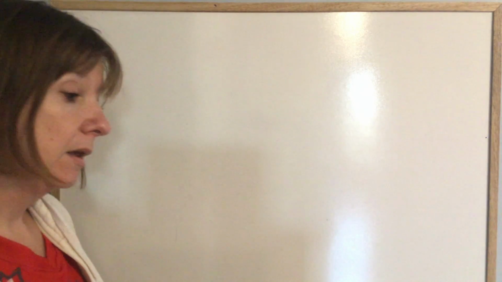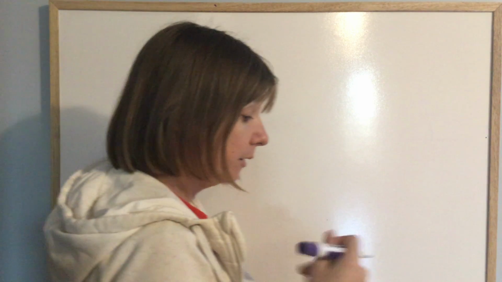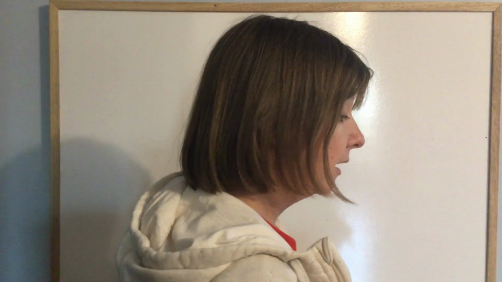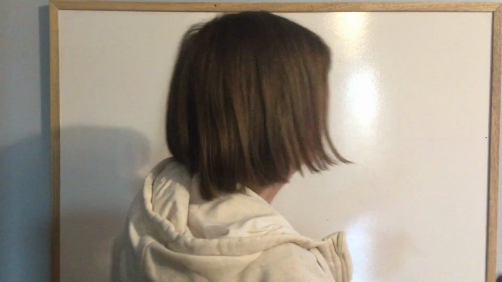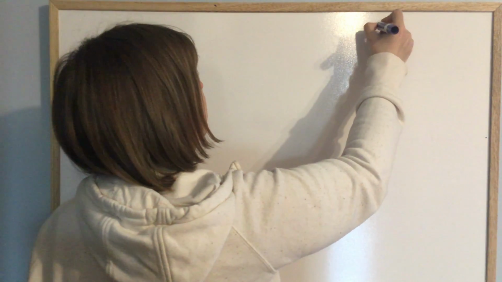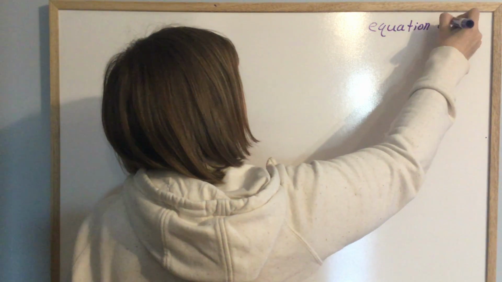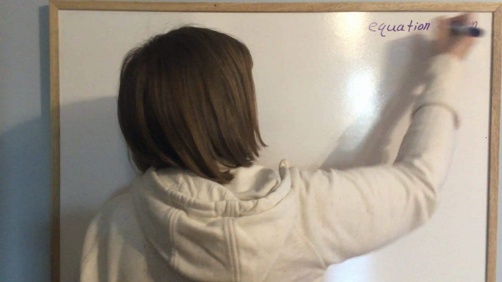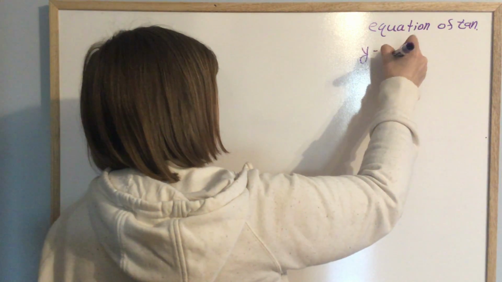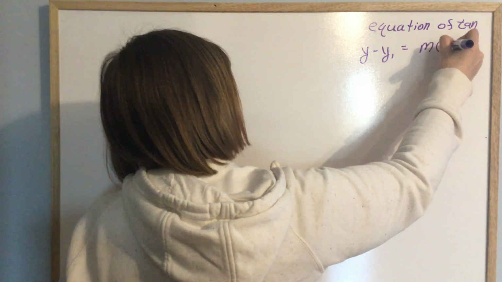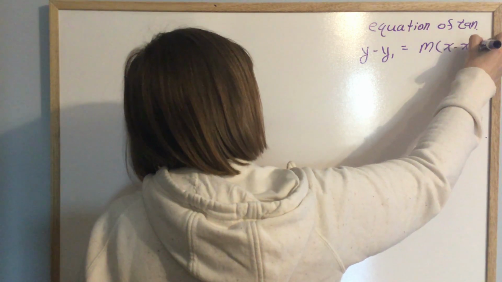Okay. Example number 5 on page 456 is much, much quicker. And it says, find an equation of the tangent. When we are going to find an equation of the tangent, that means we're going to do y minus y1 equals slope times x minus x1.